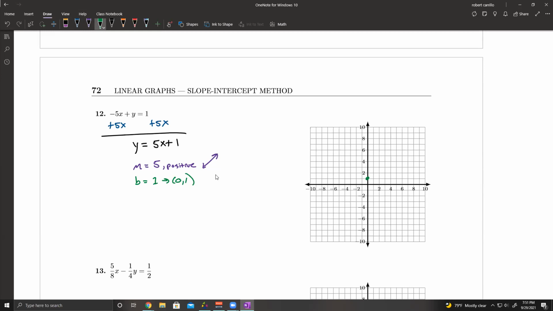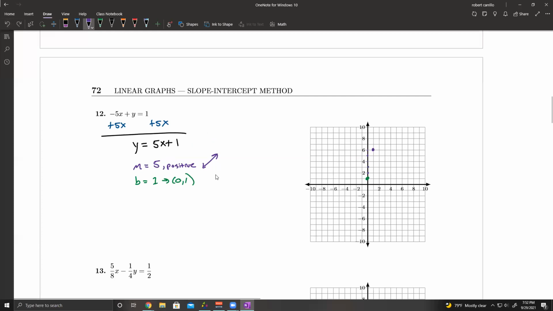Since it's a positive slope, we're going to rise 5 units, 1, 2, 3, 4, 5, and run 1 unit to the right, because you can also see the slope as 5 over 1. So it's the rise over the run.